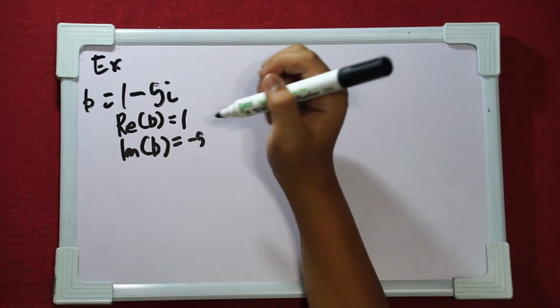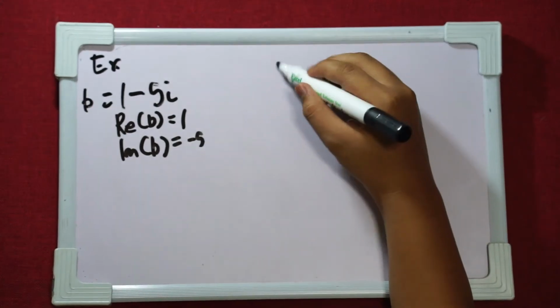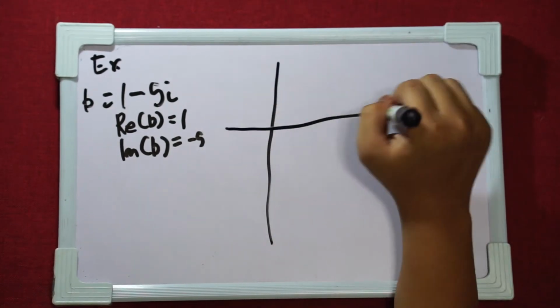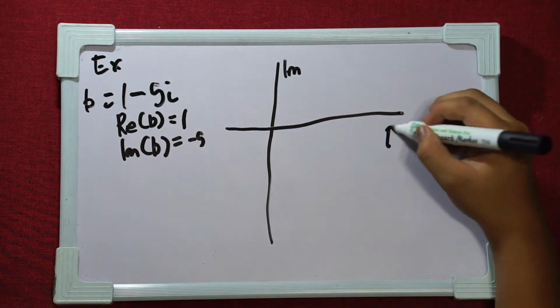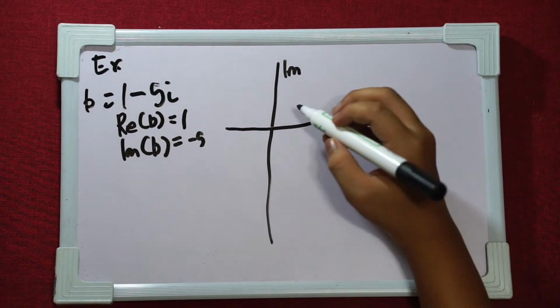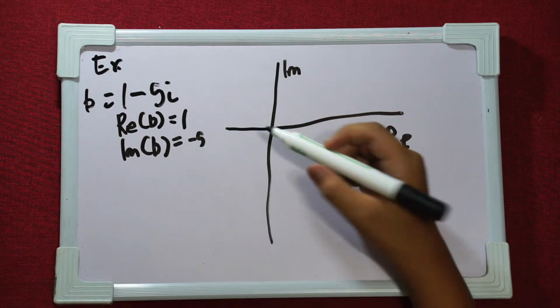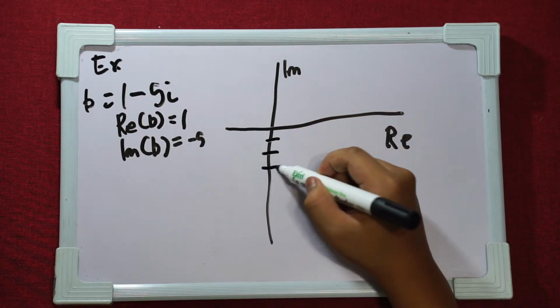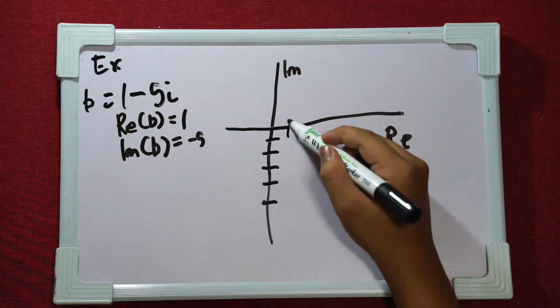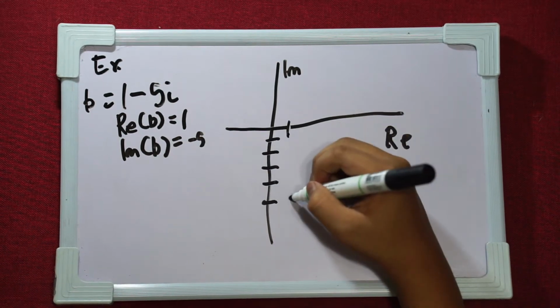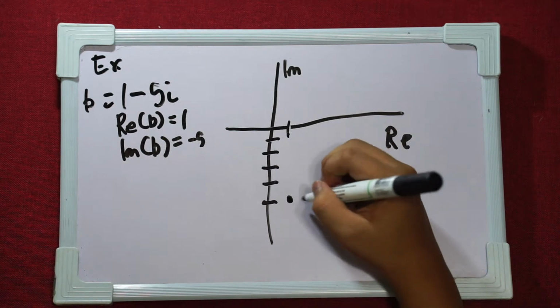So when we plot this, it would look like this. The imaginary part is negative 5. So 1, 2, 3, 4, 5, and the real part is 1. So it would be here. This is b.